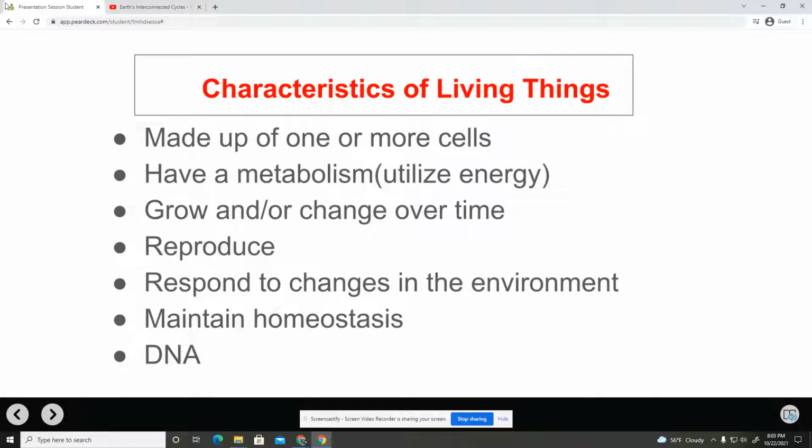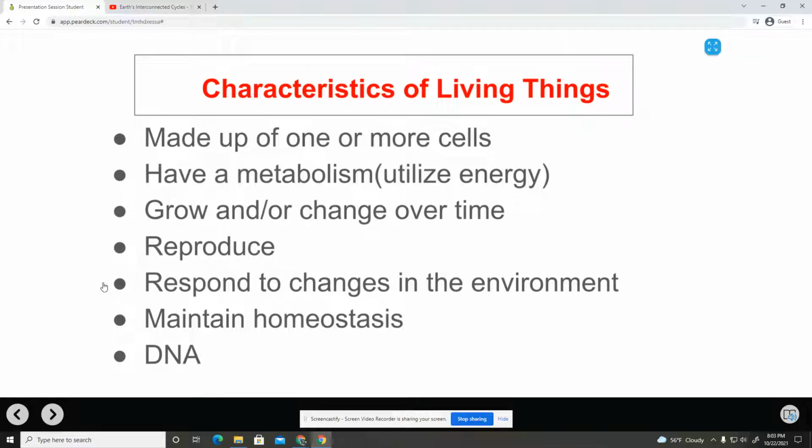You need to know the characteristics of life. Again, this is a man made construct, so there is some argument as to whether viruses are living things. They do not have a cell, right? So they aren't made up of one or more cells. They do not have a metabolism. They do not grow or change over time. They cannot reproduce on their own.